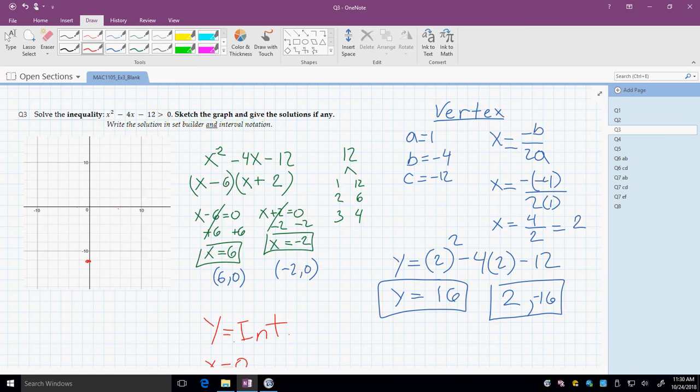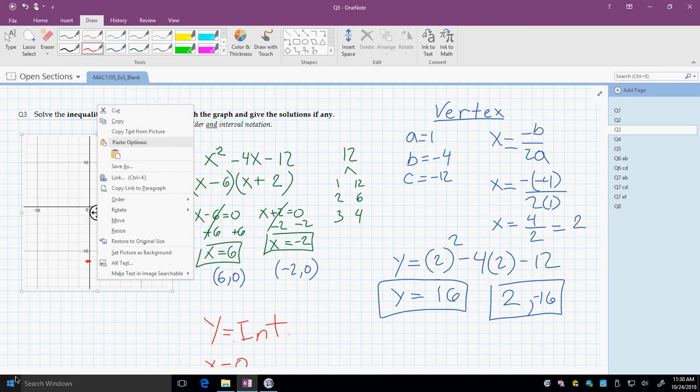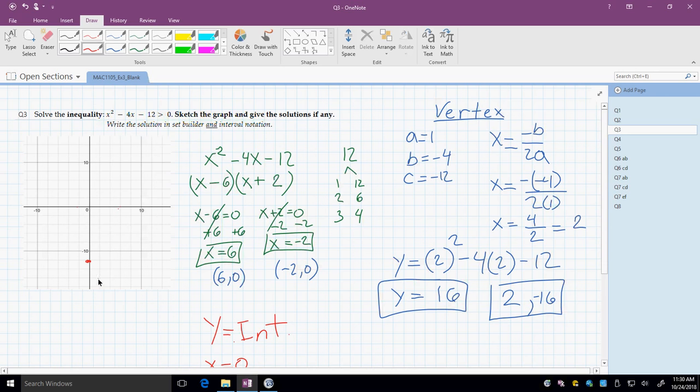And the vertex, 2, negative 16. So it's a plot as I go through all these points, more or less.